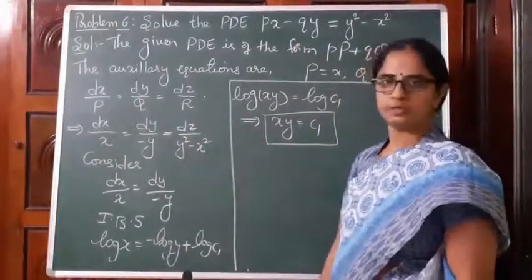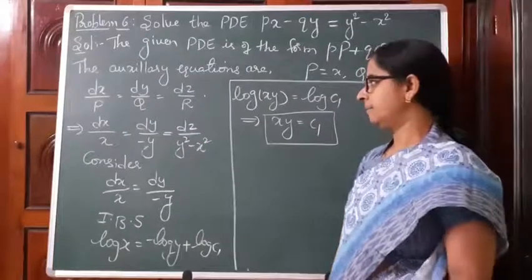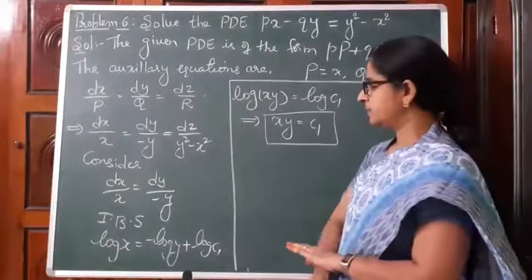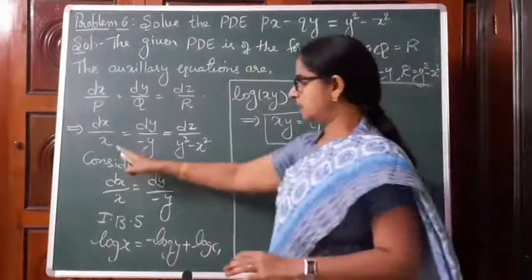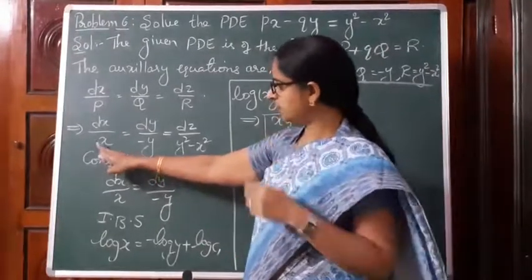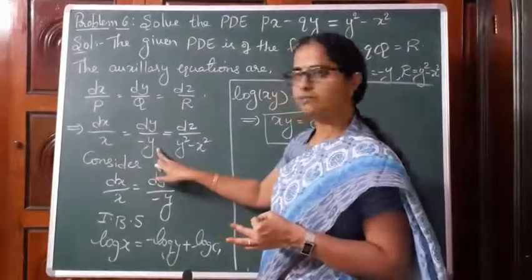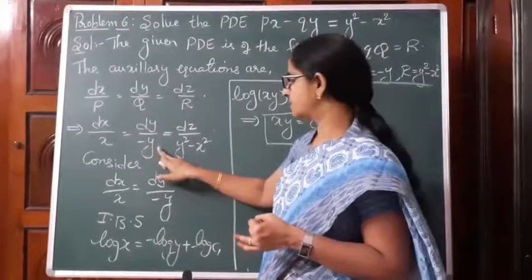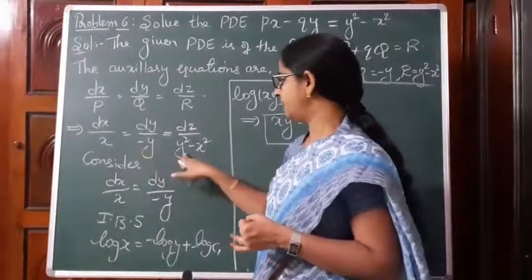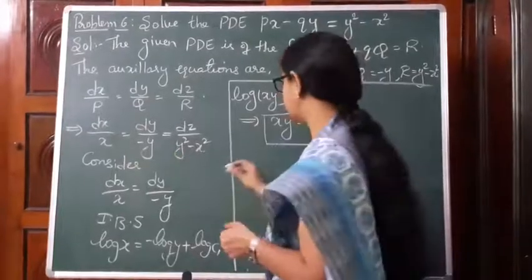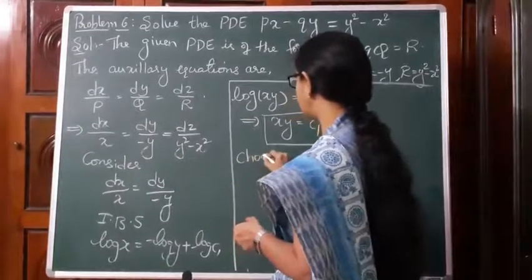We have to choose l, m and n, which can be functions of x, y and z. Say the option l = x, so that we get x² here. m = y, so that we get y² here. And if we add this with y² - x², then it becomes 0. So for the second solution, we choose the multipliers.